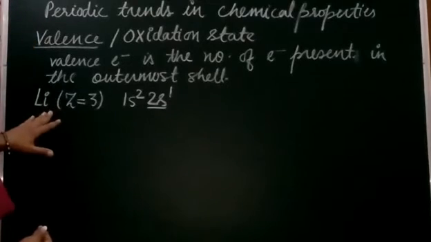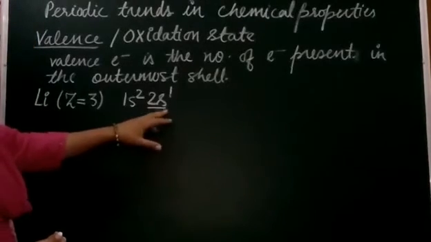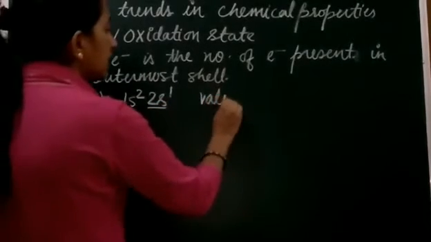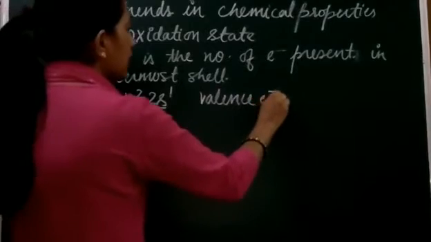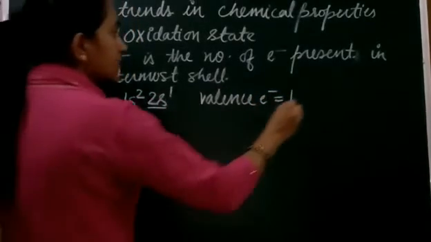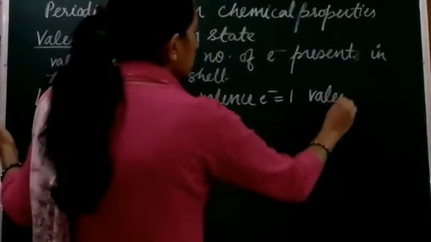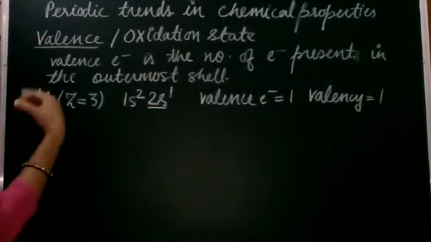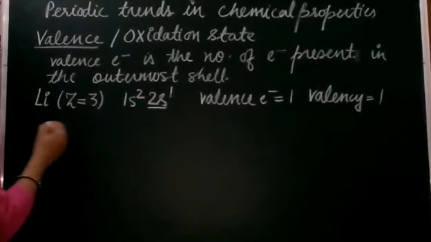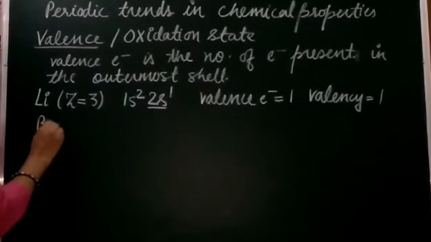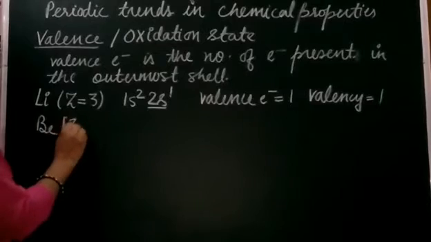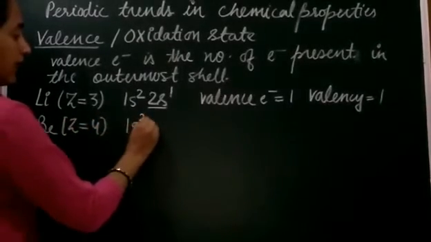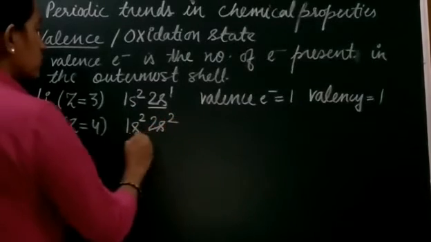Now here this lithium, it belongs to the S block, it has the valence electron 1, right? So the valence electron here is 1, and its valency is also how much? It is 1 only. Now we will take an example from group 2. Let it be beryllium. So here Z equals 4. When we write down the configuration, it will be 1s2, 2s2.